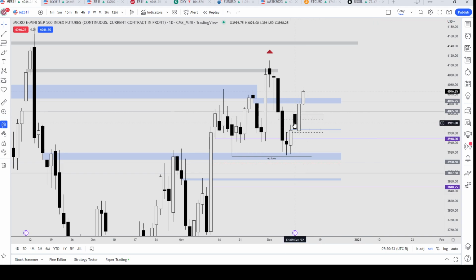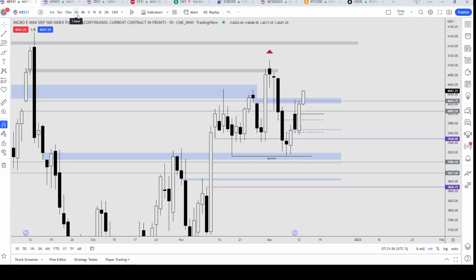I do not expect price to tap into 50% if this was to remain a propulsion order block. But even if the price managed to tap the 50%, I expect an immediate response from that. So we took out the swing highs over here, and right now it's trading above this volume imbalance.